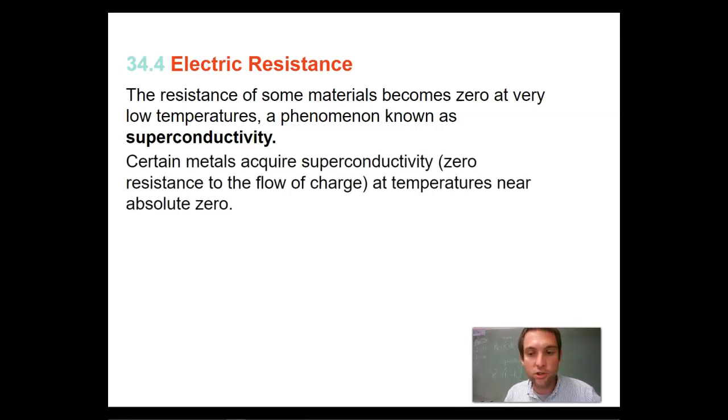Certain metals acquire superconductivity at temperatures near absolute zero. Absolute zero is the temperature at which all molecules stop moving. So even at really cold temperatures, if you think about your freezer, the water molecules inside of the ice are still vibrating back and forth, but not very fast.